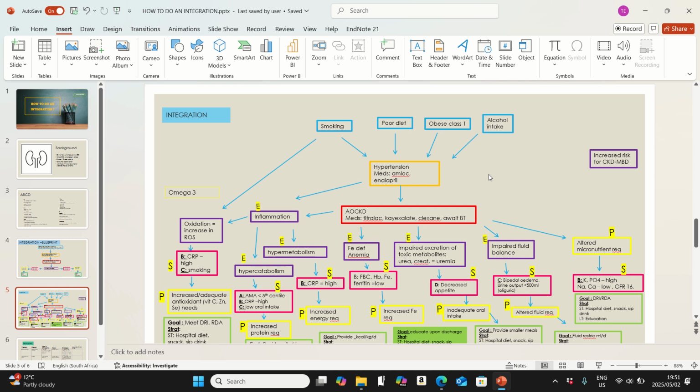Before I continue, you'll notice that I color coordinated everything. All of the contributors towards the disease or pre-existing disease, and the disease that he was admitted with, and then the pathophysiology is in purple, and the signs and symptoms in pink, etc. All of these things were the contributors towards the hypertension.